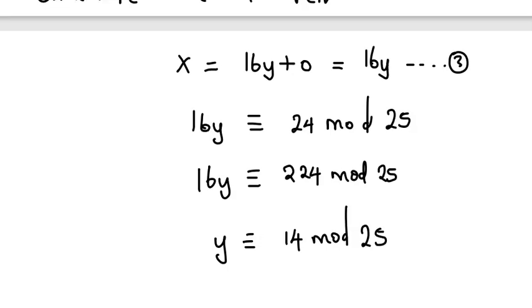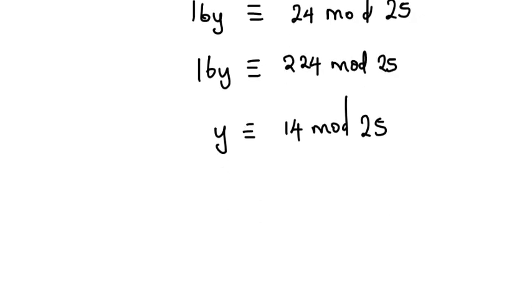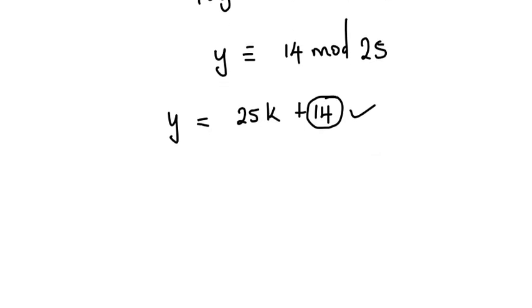So put it in the general solution form for y. So y will be equal to 25 times k. Let us introduce another variable k, then plus 14, so there will be a remainder 14. Then let us recall that x is equal to 16y. We should make the substitution for y.